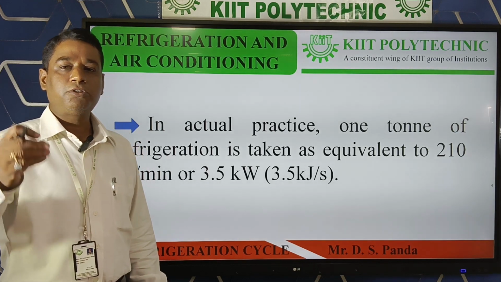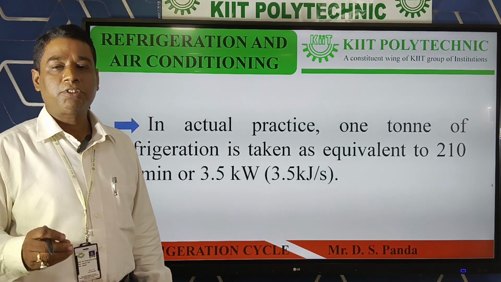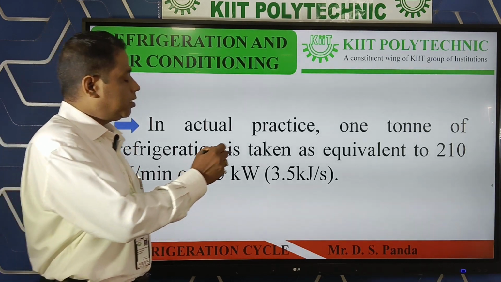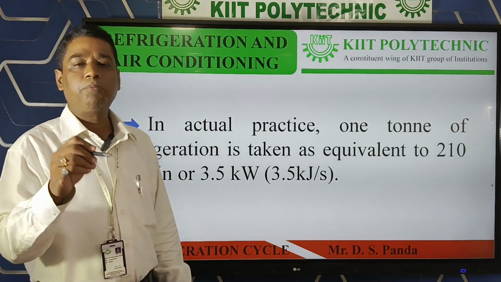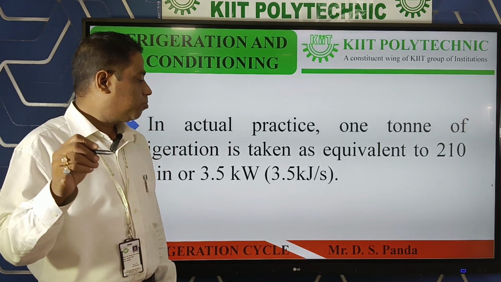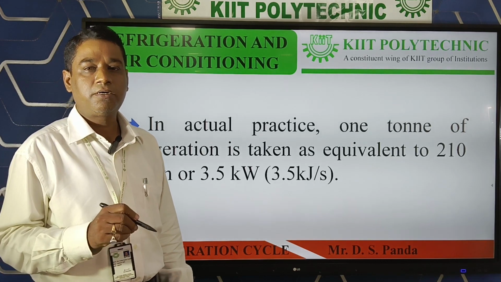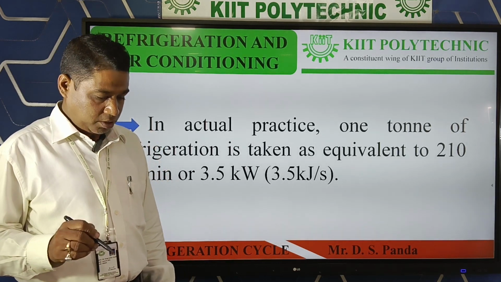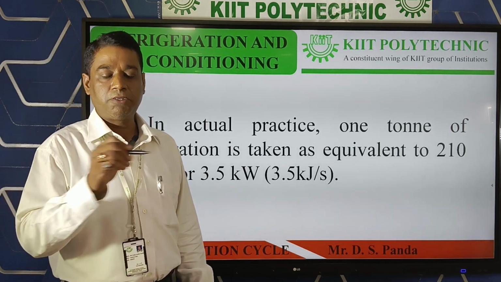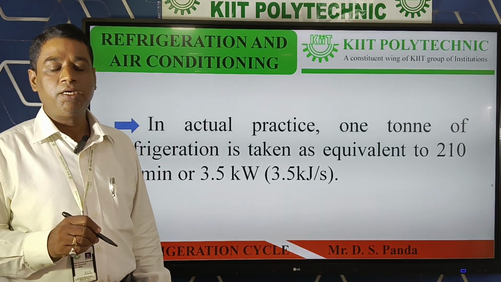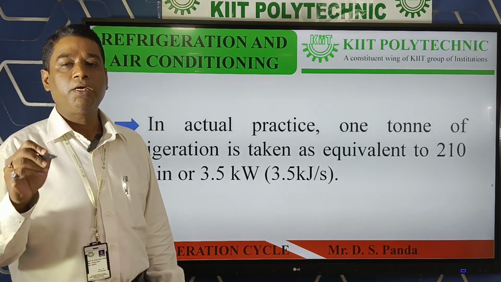If we want the value of 1 ton of refrigeration in kilojoule per second, we again divide by 60, so 210 divided by 60 gives 3.5 kilojoule per second. So the unit of 1 ton of refrigeration is very important. First of all, for any component we use, we have to know the unit of the component or device. 1 ton of refrigeration is 3.5 kilojoule per second or 3.5 kilowatt.